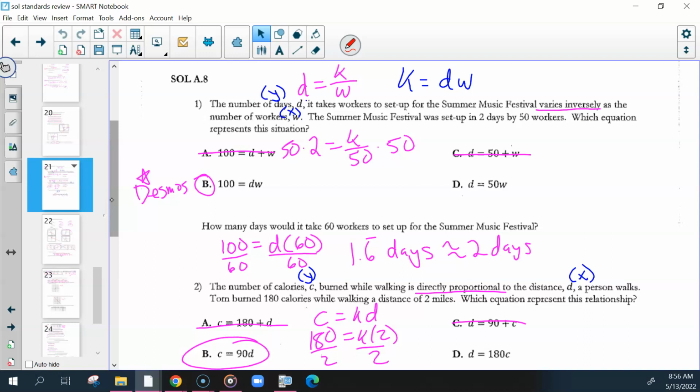Even though they're using different variables, that would still be like your y and x. Whatever comes first would still be like your y. Whatever comes second would still be like your x. So this would be D equals K over W, or K equals D times W. And the equation that looks the most like one of these is B. They just found what the K value is by multiplying the 2 numbers, 2 and 50.